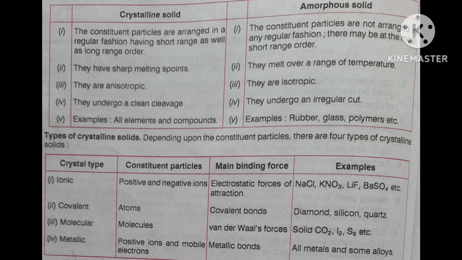Theta is the angle of incidence of X-rays with the crystal surface, and lambda is the wavelength of X-rays, meaning the radiation.